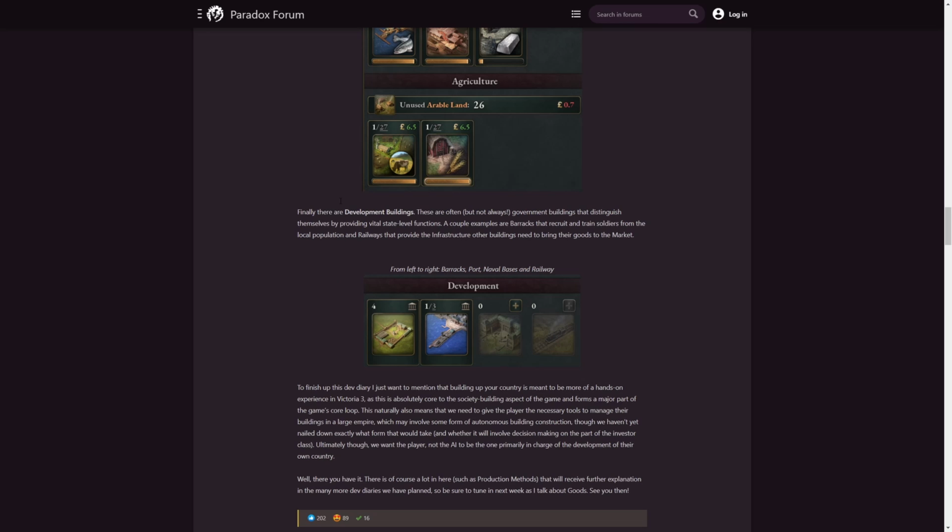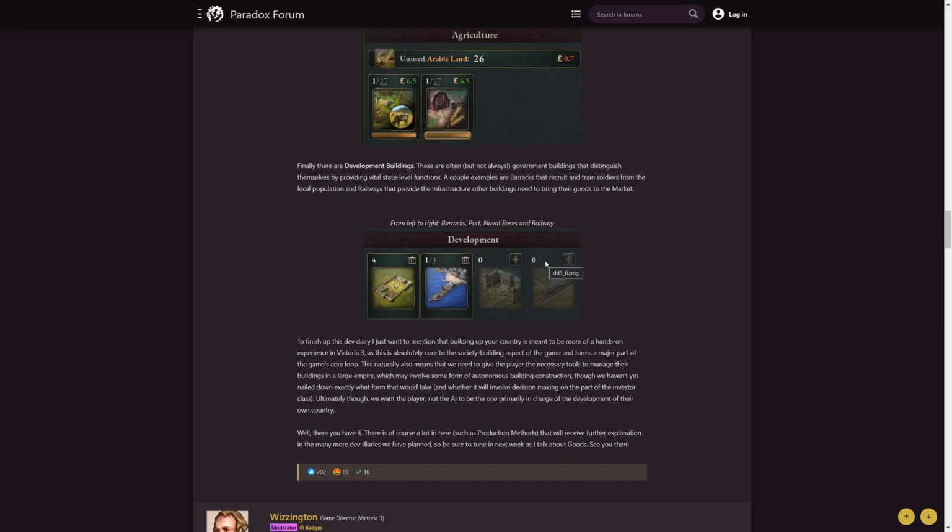Ports basically increase your access to the market, and the naval base does the naval side of things. Railroads help you, one, get more access to the market and, two, industrialize quicker. Barracks help you build more army, which is good.